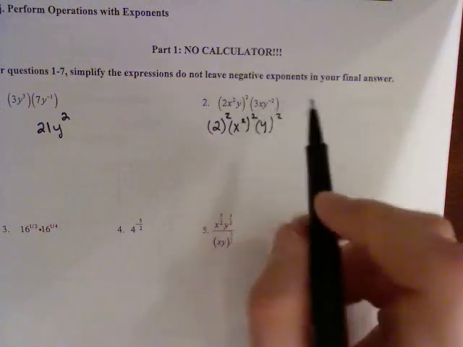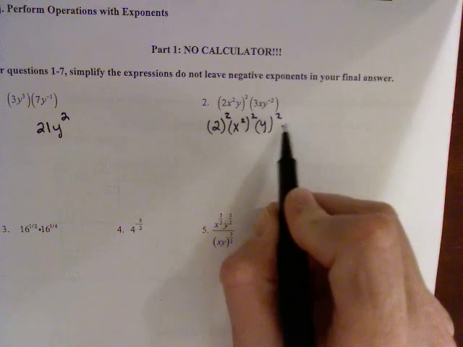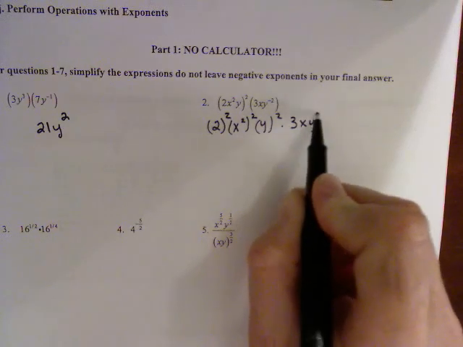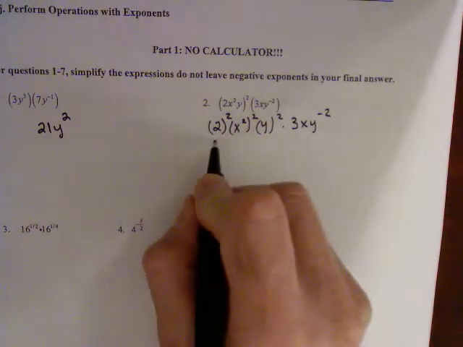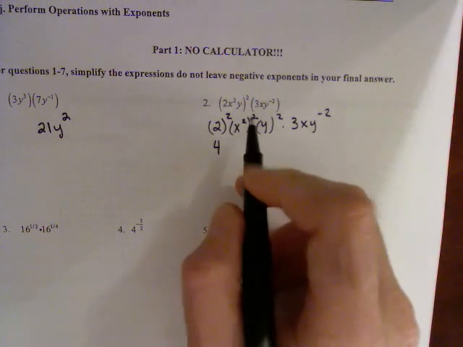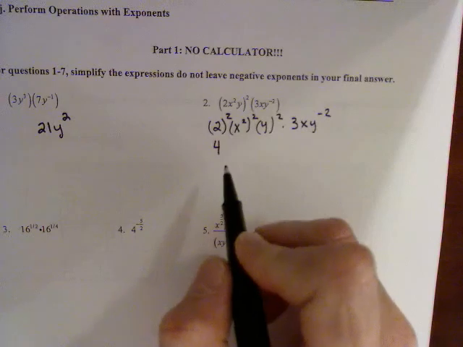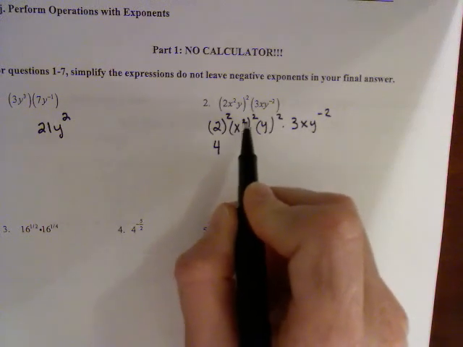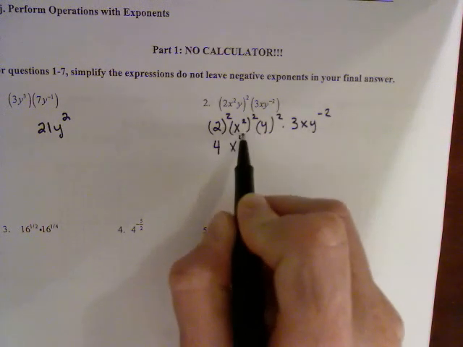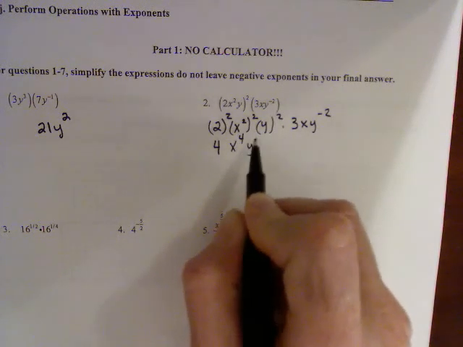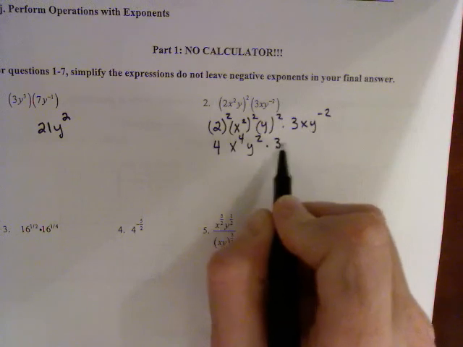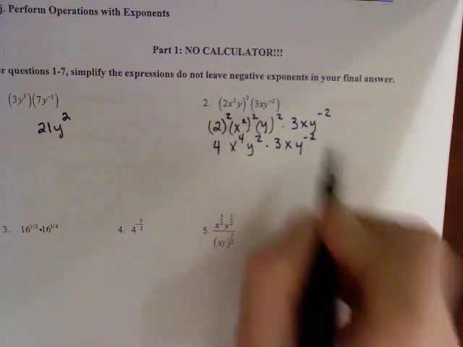And the second expression over here we can just carry along. 3xy to the negative second. 2 to the second is 4. The rule for exponents for power to a power is to multiply. So x squared raised to the second is x to the fourth. Y to the first raised to the second is y to the second, times 3xy to the negative second.